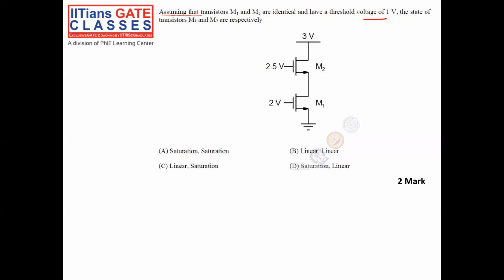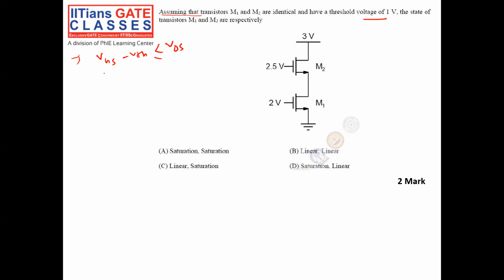So first and foremost, put down all the information that we know. For a transistor to be in saturation, we know VGS minus VTH should be less than or equal to VDS.